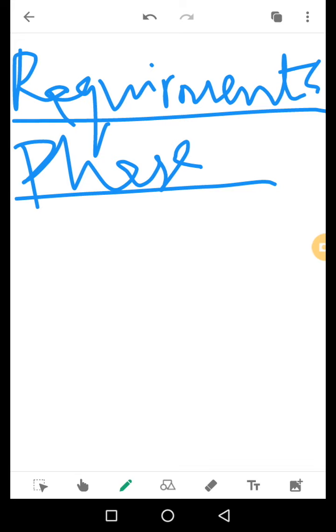So we are going to move to the next phase of software life cycle development. We have considered the first phase, the requirement phase. So we are moving to the second phase now, called the design phase.